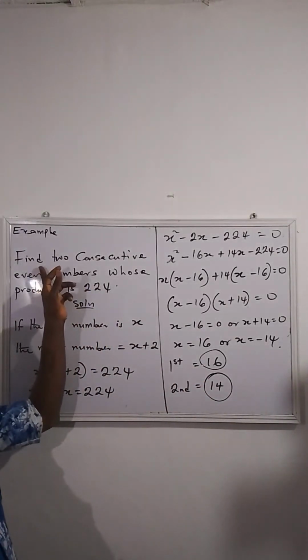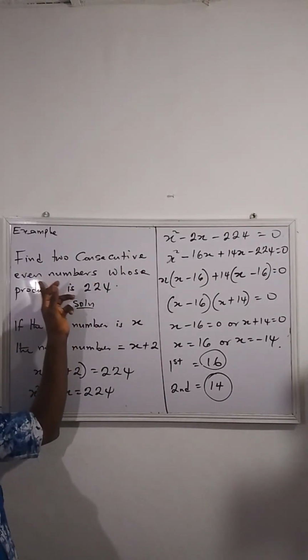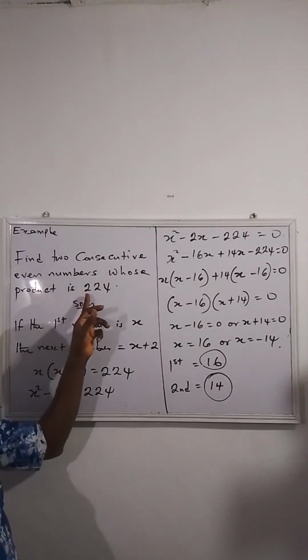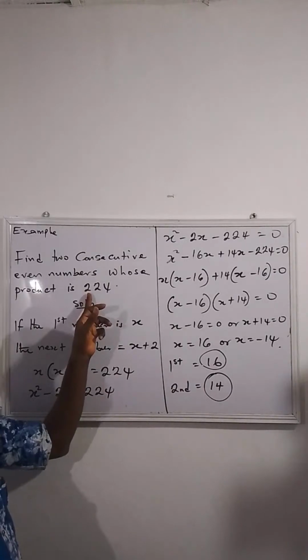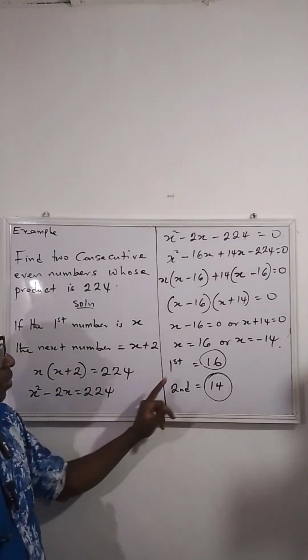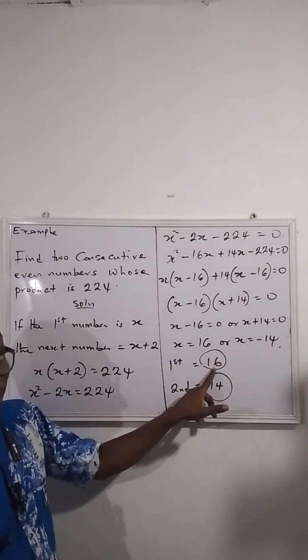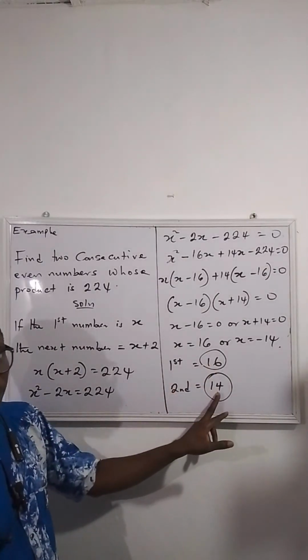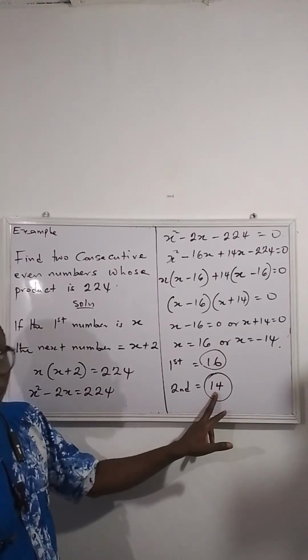Because the question says we have two consecutive even numbers whose product is 224. You have to look at it very well so that you don't make a mistake.